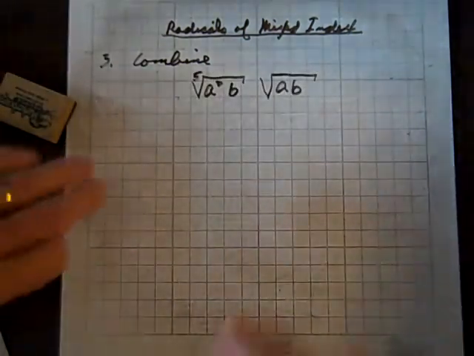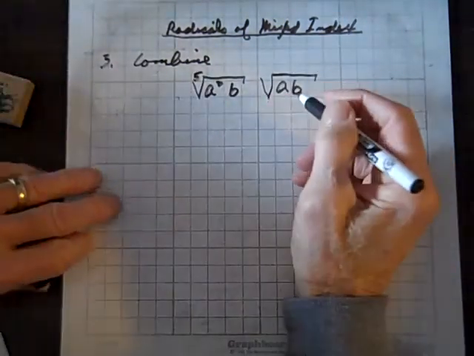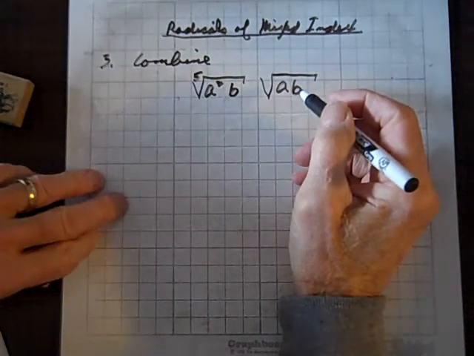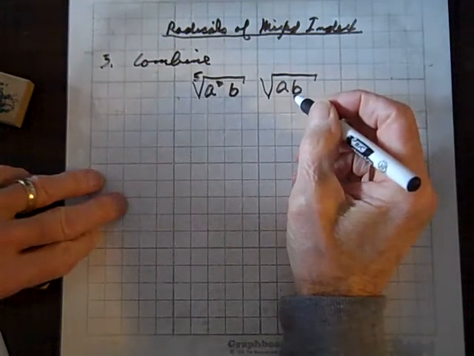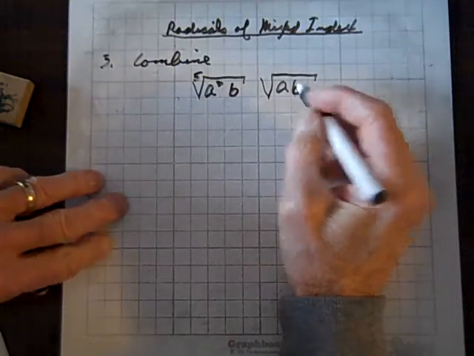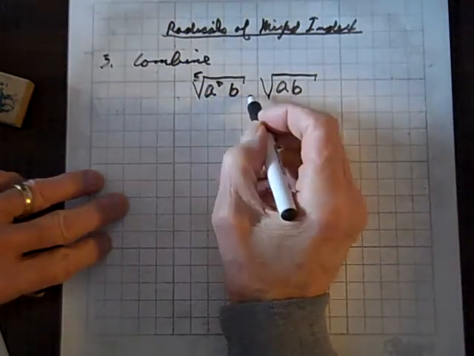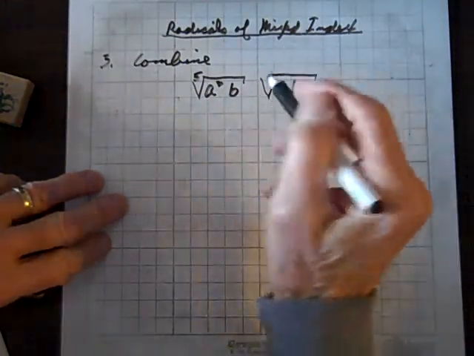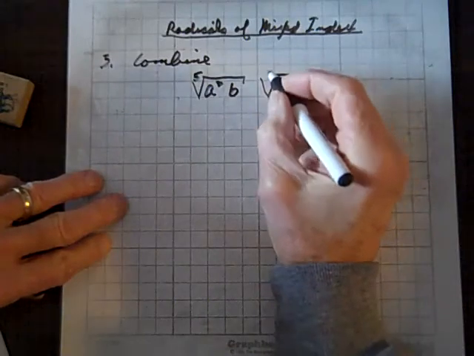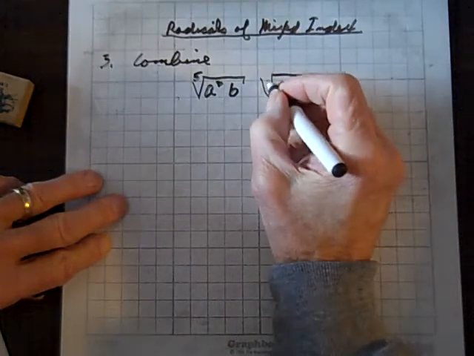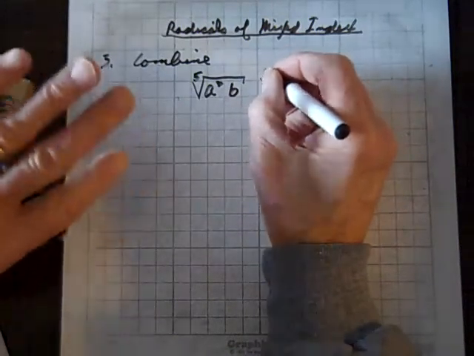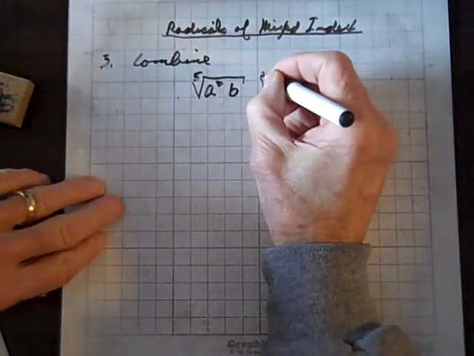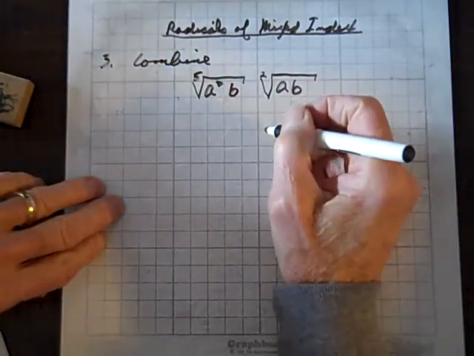Now for our third problem, we have to combine these two. Well, now, keep in mind that there's a 2 here, correct? This is a square root, so I'm going to install that 2, just so we don't forget.